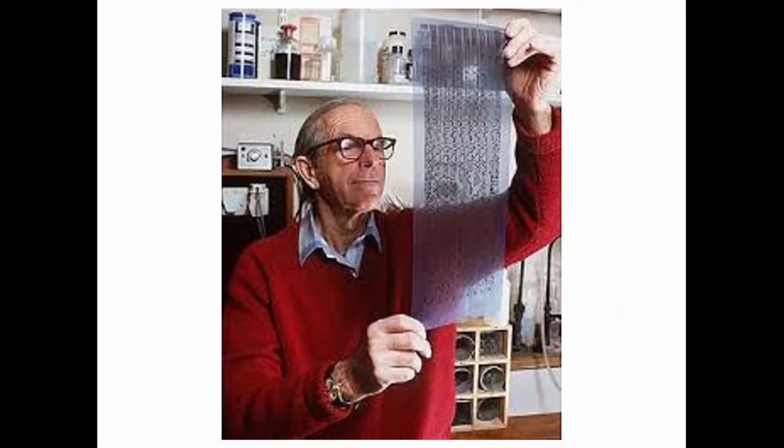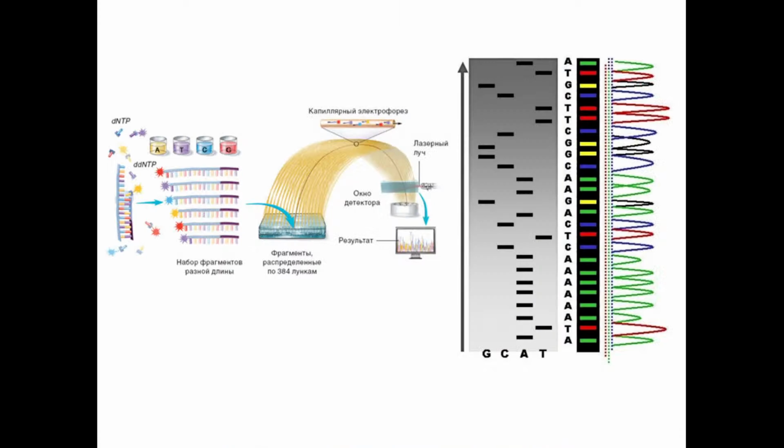Now you can see Sanger with the results of it: the sequence of nucleotides, the sequence of genes, by a double Nobel Prize winner. And now it is used in four test tubes, or maybe in the same test tube with a different set of fluorescent labels.